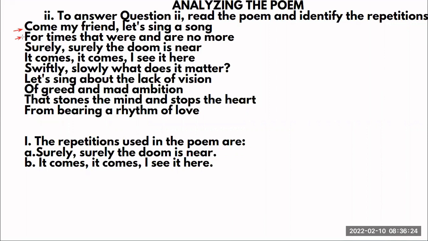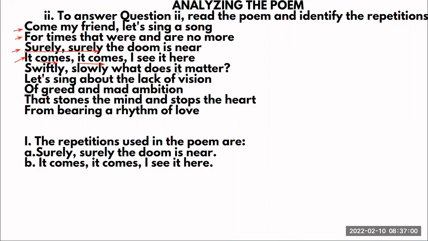Line 2, for times that were and are no more, no word is repeated. Line 3, surely, surely the doom is near. Yes, surely is repeated here. So here we have evidence of repetition. Then the next line, it comes, that's another evidence, comes is repeated. So we pick this also as another instance of repetition.